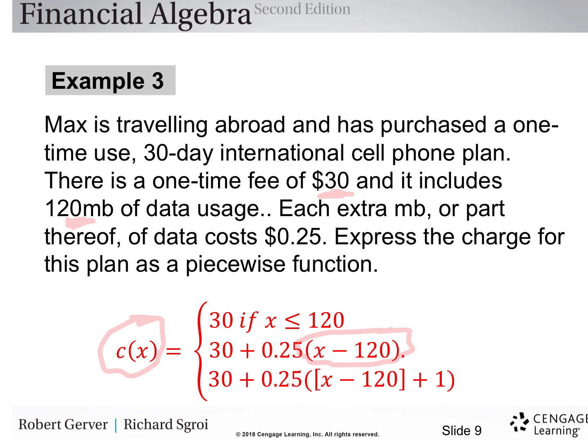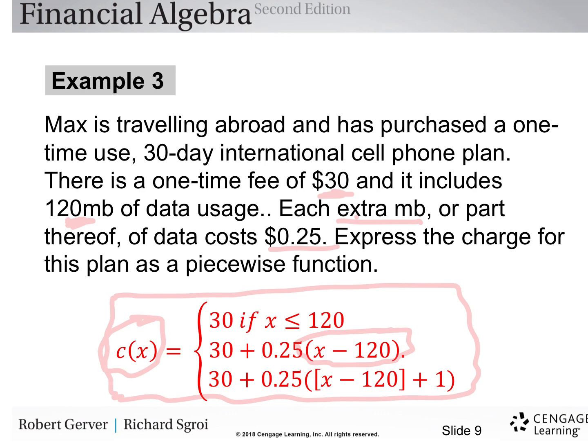And then lastly, it's 30 plus the amount over 120 plus 1. This is because for each extra megabyte or part thereof, the data costs 0.25. So this is what the piecewise function would look like for this particular plan.